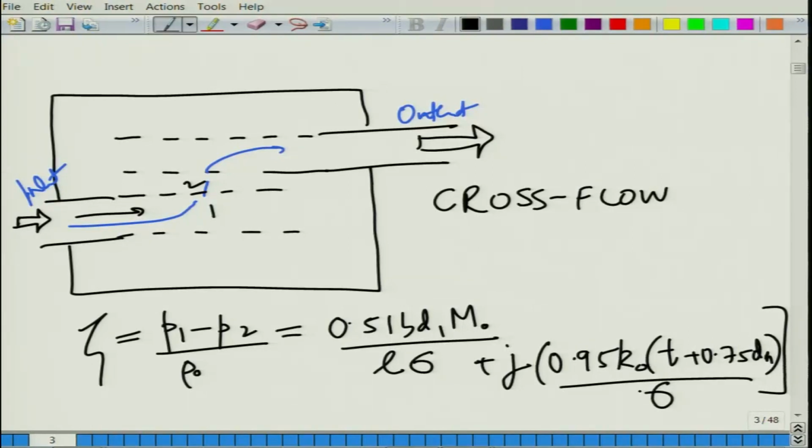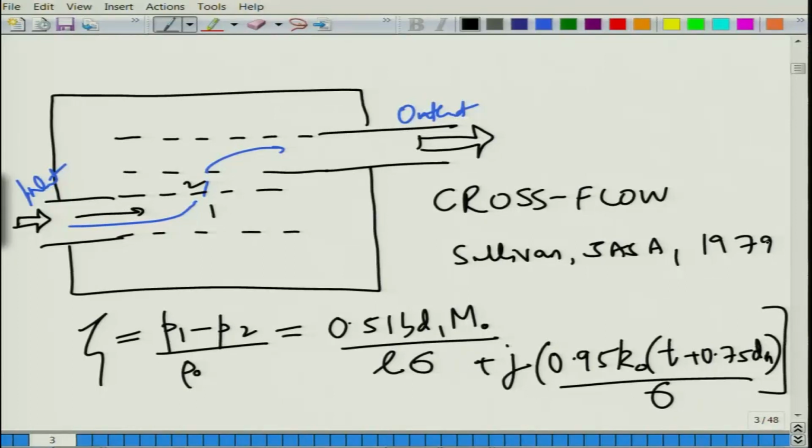So, this was for the cross flow configuration, and from where did we get this expression? Which research article proposed this? It was given in Sullivan's paper, J. W. Sullivan, a long time back in JASA, the Journal of the Acoustical Society of America, in 1979.